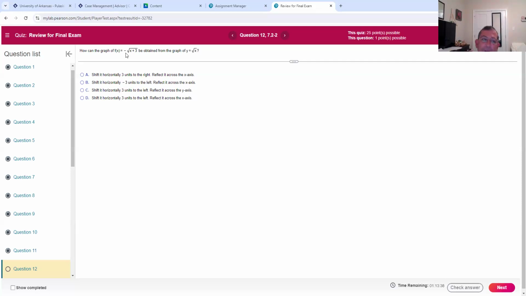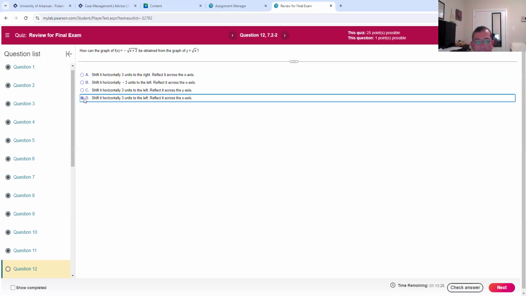So it's got to be A, B, or D. And if yours is plus, it's going to go left. So y'all, the one that went left 3 units and reflected across the x for me would be D. Okay? So answer C will be wrong no matter what number they put on it, okay?